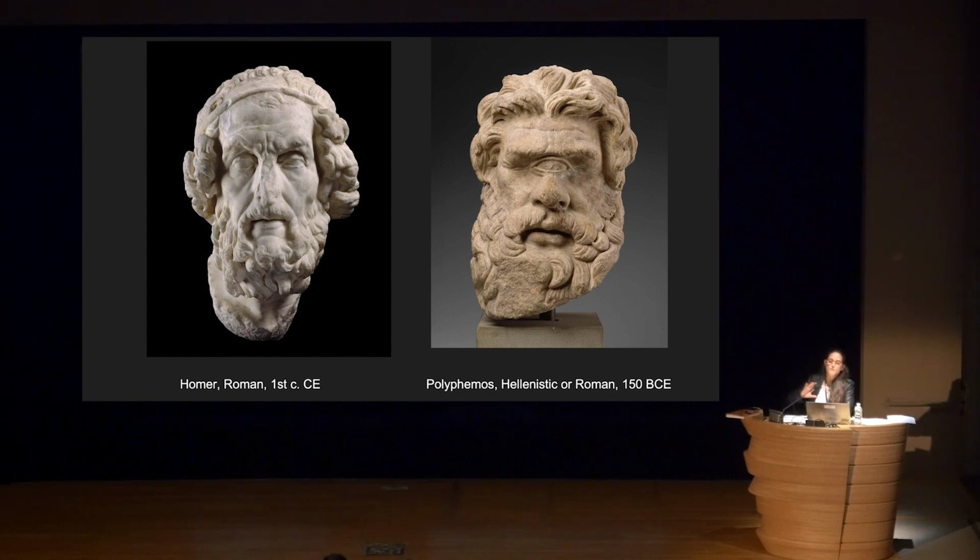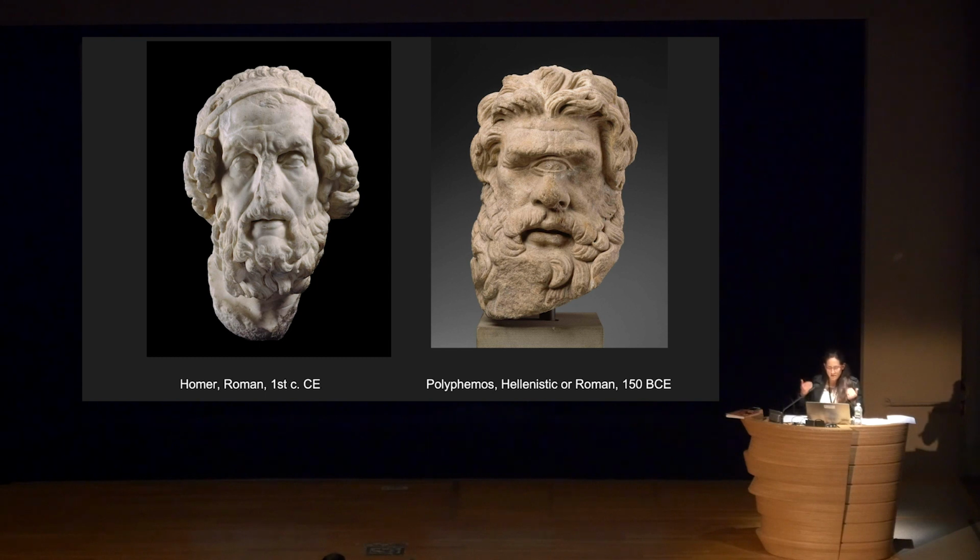So this is a type that developed. First of all, we don't really know when Homer lived, if he lived, but let's say there was a single person called Homer who lived around 750 BC. The one thing that all the ancient sources agree on is that he was blind.